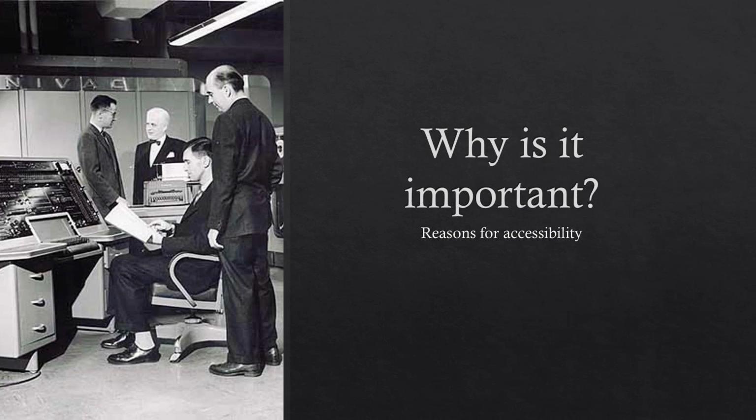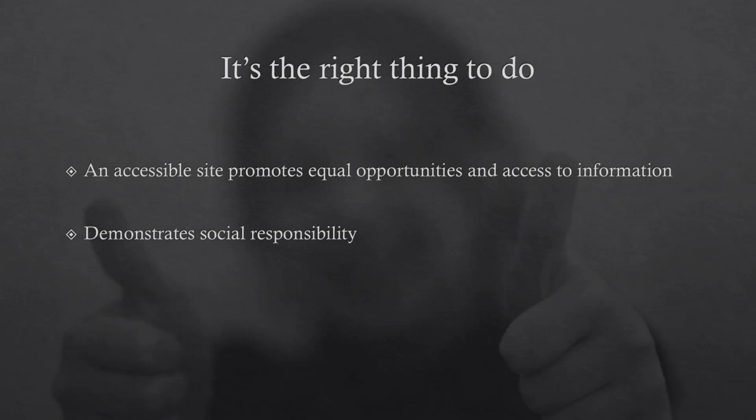So we've looked at some of the difficulties and the disabilities relating to accessibility. I just want to spend a short while looking at why accessibility is important. What are the reasons that we look to be more accessible? First and foremost, I hope you agree it's the right thing to do. It's social inclusion.